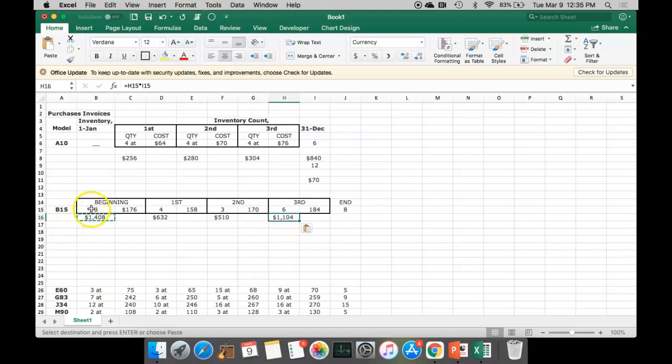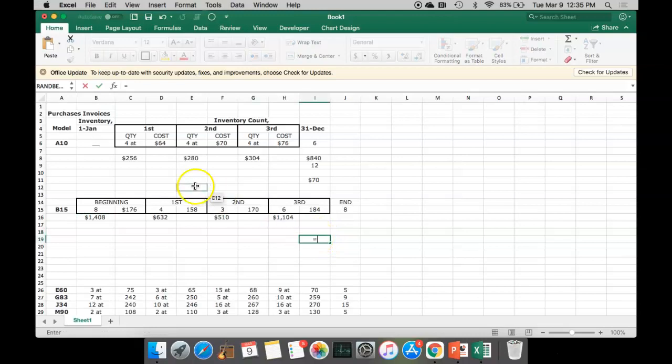Then we're going to add together each of the number of units either on hand or purchased. So we have 8, 4, 3, and 6. We'll say equals 8 plus 4 plus 3 plus the 6. All right, so we have 21.